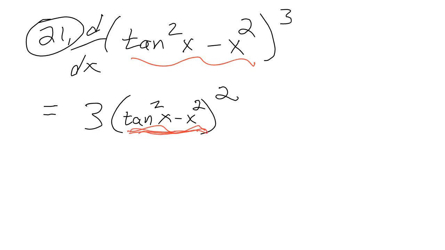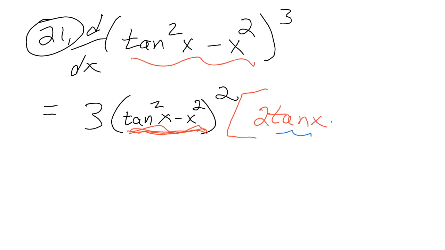The derivative of what's inside is a difference of two functions, so it's the derivative of the first one minus the derivative of the second one, right? The first one is tangent of x quantity squared, so it's 2 tangent of x to the first power times the derivative of what's inside.